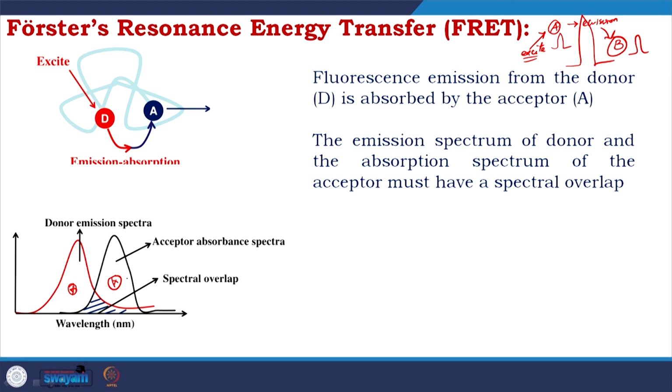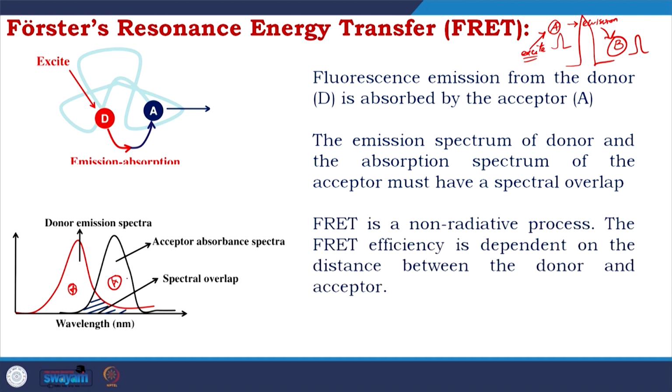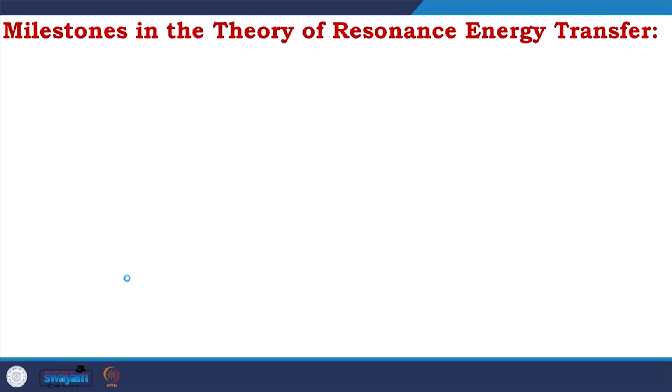The emission spectra of the donor is overlapping with the absorption or excitation spectra of the acceptor. FRET is a non-radiative process. The FRET efficiency is dependent on the distance between the donor and acceptor.